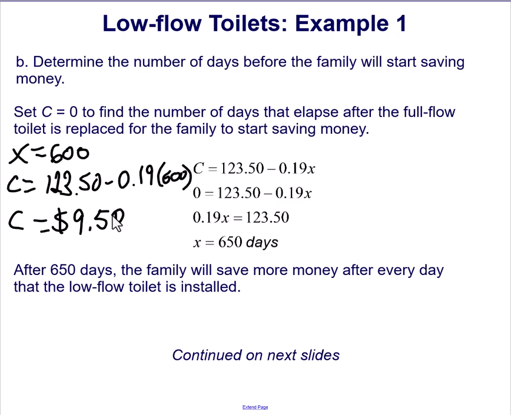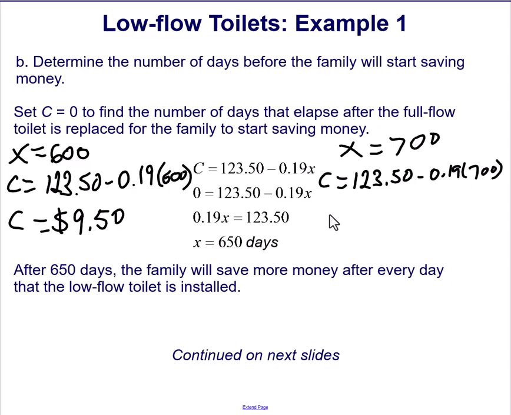Now let's pick a number bigger than 650. Let's try 700. So when x is equal to 700, I take my cost savings model, C is equal to $123.50 minus 19 cents per day for 700 days. That comes out to be negative $9.50.